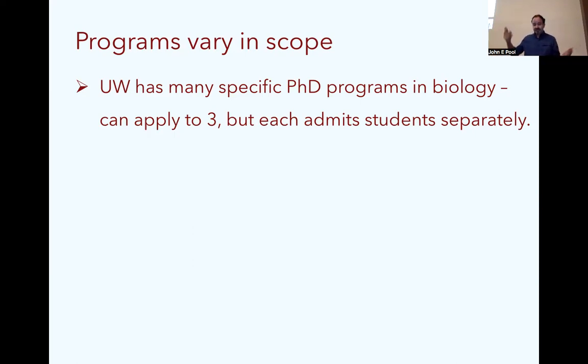There's integrative biology, which is a broader program. There are other taxonomically oriented programs like botany and entomology. The list goes on because this is an enormous biology community here.